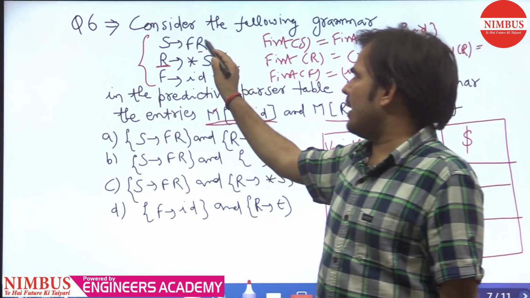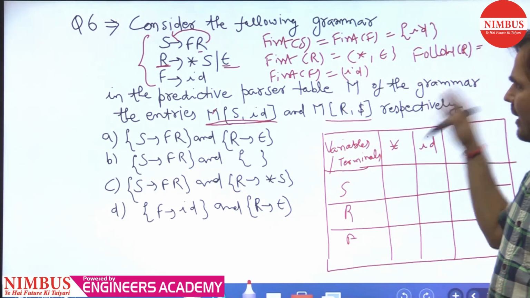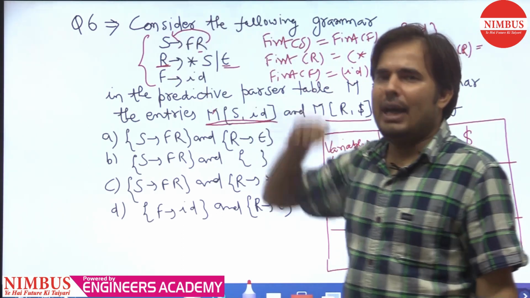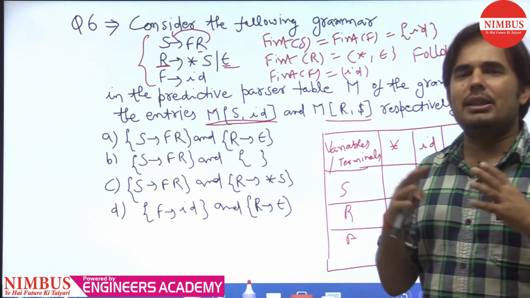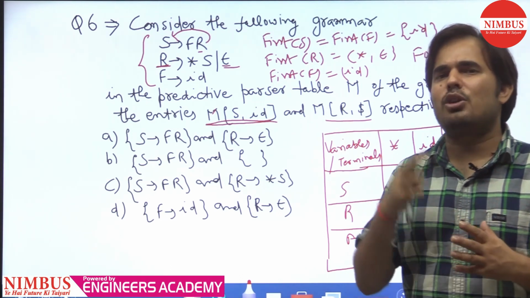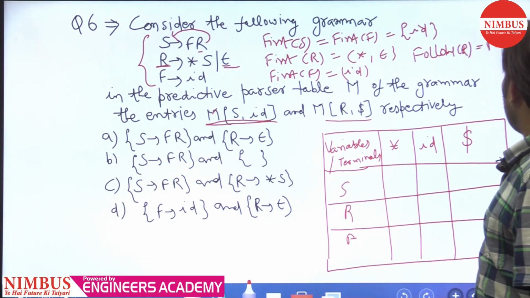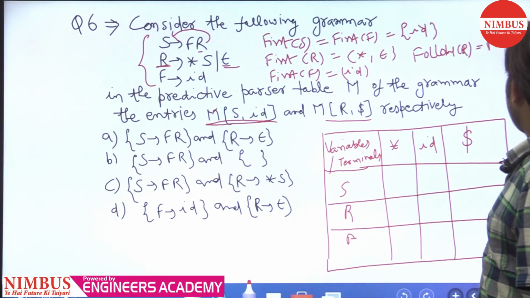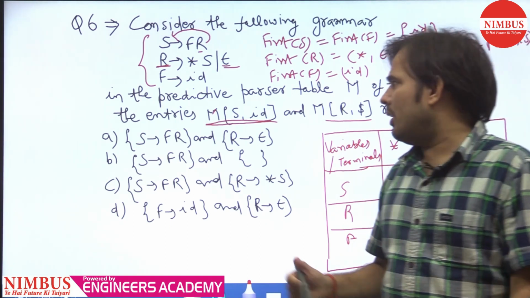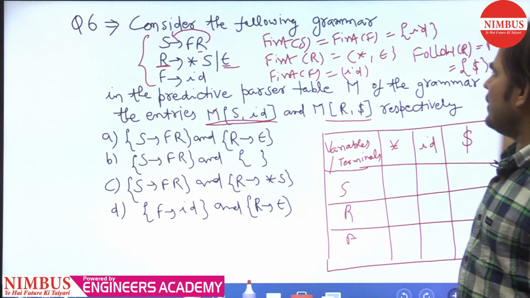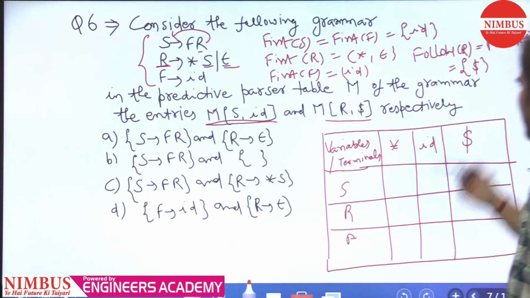So R is following directly S, which means follow of R contains whatever is present in the follow of S. Okay, and S here is what? Starting symbol of the grammar. As we know, in the follow set of the starting symbol of the grammar, dollar is always present. So follow of R equal to follow of S, and follow of S equal to dollar. And follow of S is present here, so it is also following R. So yes, only dollar is there.